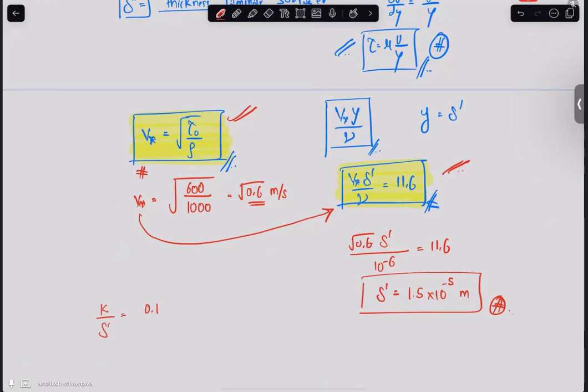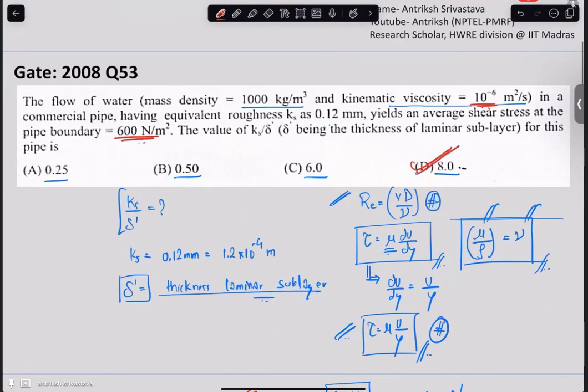So you have 0.12 mm, or let's just keep everything in meters: 1.2 into 10 power minus 4 divided by 1.5 into 10 power minus 5. So 12 divided by 1.5. This is basically 8. So the answer for this question is option D, which is 8.